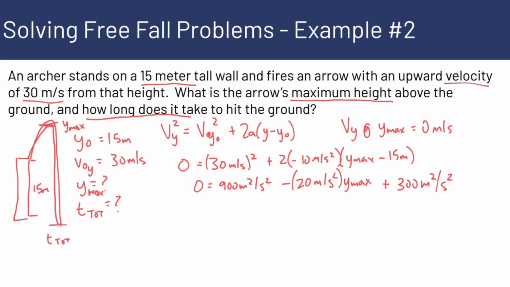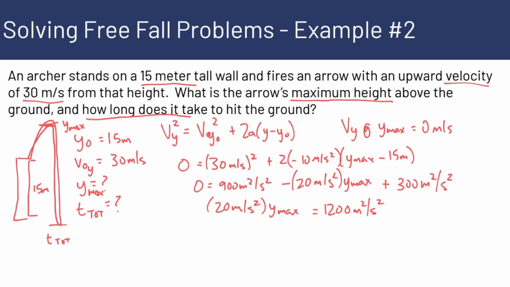Okay, so now we want to simplify. So we've got this 900 meters squared per second squared plus this 300 meters squared per second squared. So that gives us 1200. And we've got this negative 20 meters per second squared times y max. We're going to move that to the left side of the equation. So we have 20 meters per second squared times y max, and that's equal to 1200 meters squared per second squared.